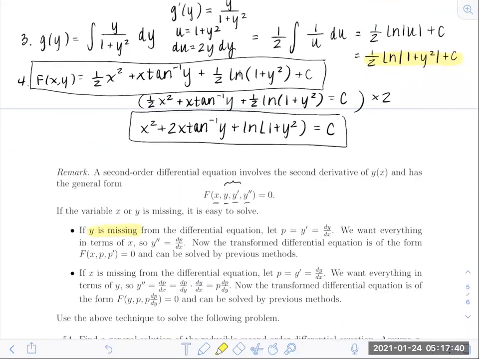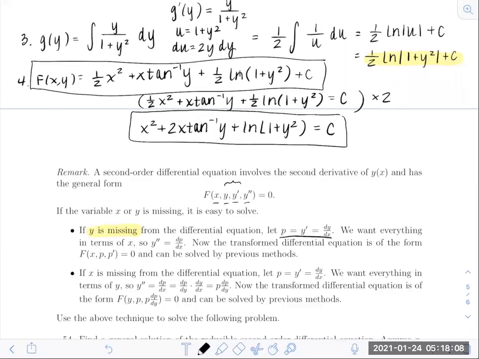Well, we're actually going to use a substitution just like we were in part 1 of this section. And our substitution is going to be letting p equal y prime. Now you'll notice that I also wrote that in Leibniz notation, dy dx, and you'll see why here in a moment. Our goal is to write this entire DE in terms of x and p, because remember, y is missing.